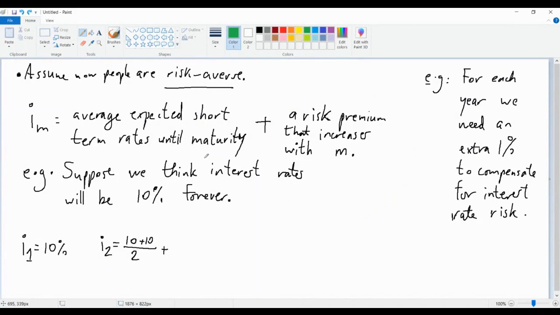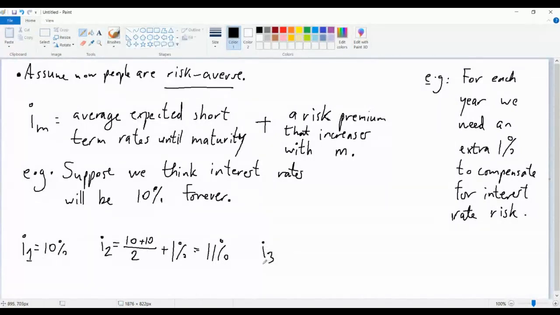And how much is that premium? It says for each year we need an extra 1%. So I have to add 1% here to compensate for the fact that it's a 2-year bond, and then this average is 10, and this adds 1, you get 11. So even though expected interest rates are constant, we still have an upward sloping yield curve because of this risk premium. See, it's gone from 10 to 11.